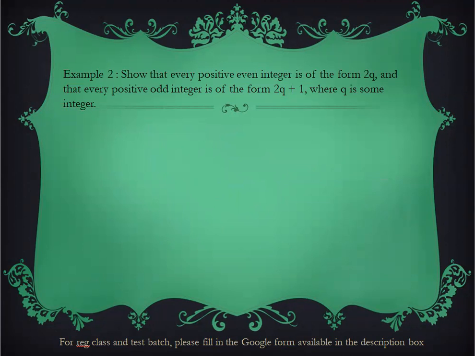Okay, so let me take any positive integer. a is equal to 24, a positive even integer. So I'm going to divide this by 2. When I divide this by 2, I'll get 12 as a quotient and the remainder 0, right?